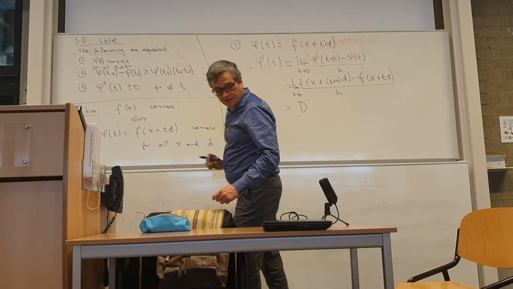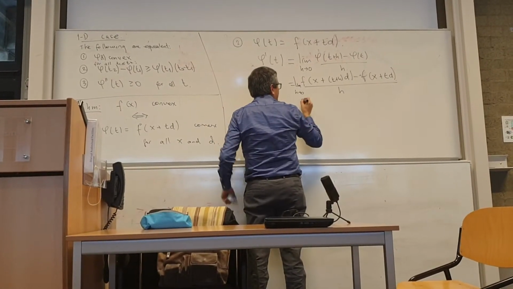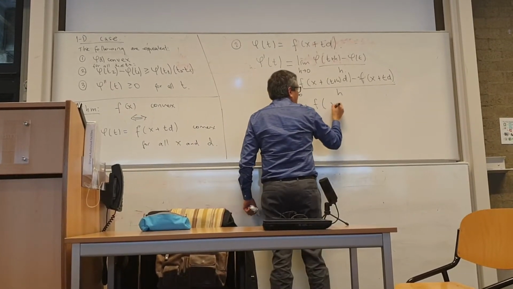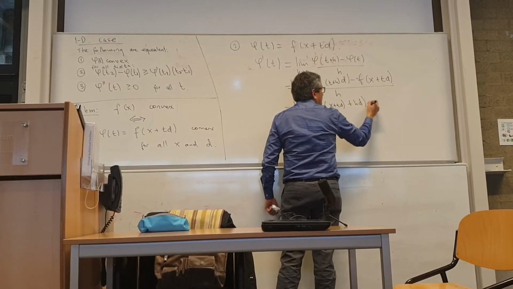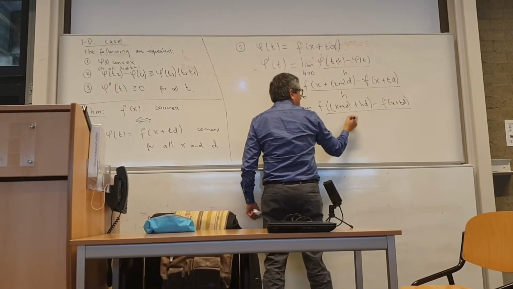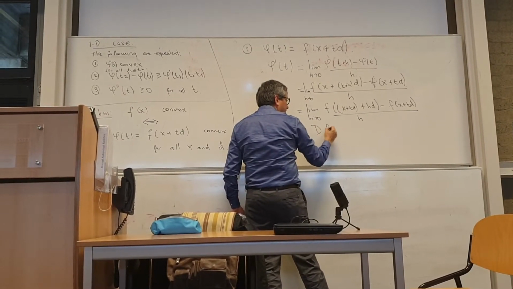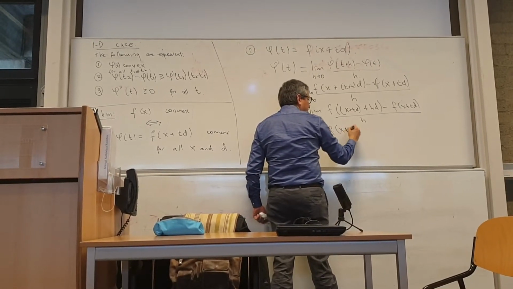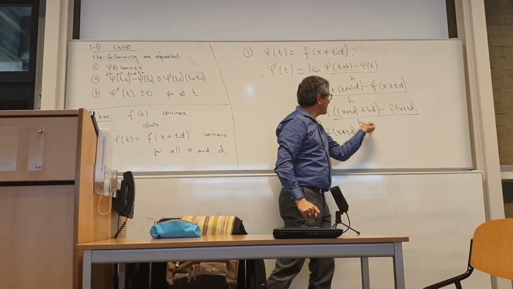So let me write another step here to make it more clear. This is the limit when h goes to 0 of f of x plus td plus hd, minus f of x plus td, divided by h. And now this is the directional derivative of f in the direction d, but here I am already at x plus td, because I'm doing this difference where what I'm adding is hd.